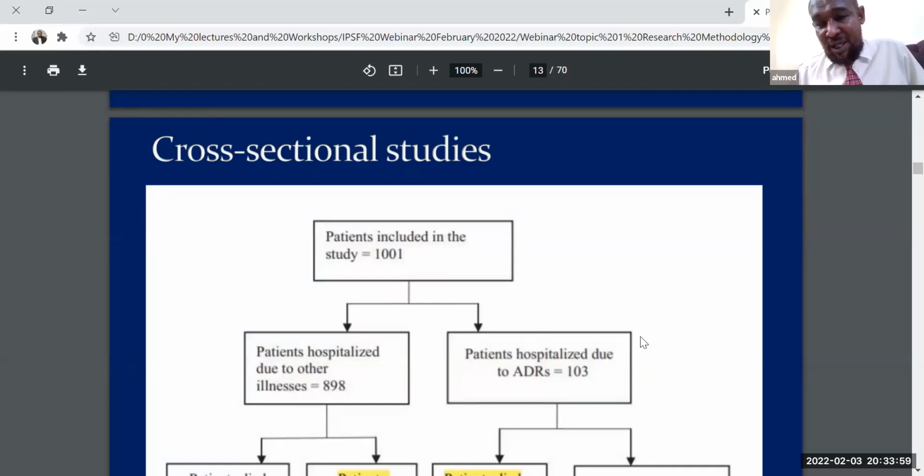We have guidelines like PRISMA, which is used in systematic reviews, and also CONSORT in randomized controlled trials, which require that a flowchart be used. But for a cross-sectional study like this, it is not mandatory. It is just optional for the researcher.